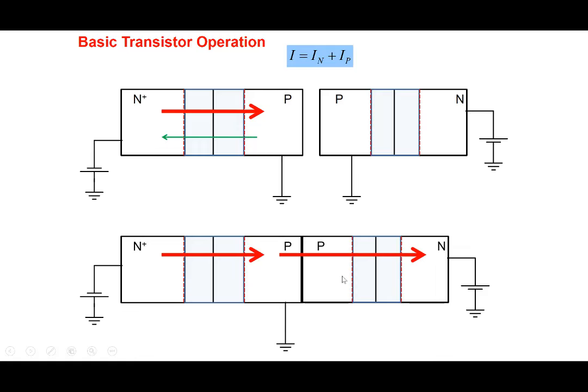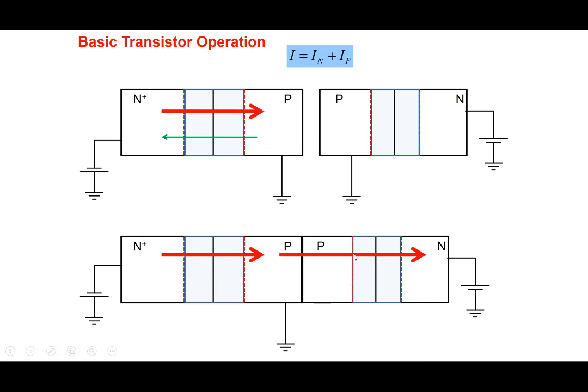Because the base that you see here is made pretty thin. And so the electrons that come in here, because of forward biasing, diffuse and reach the other junction, because the separation between the two junctions is maybe 100 or 200 nanometers. So it's a very thin separation, and the electrons can easily diffuse and reach the other end.